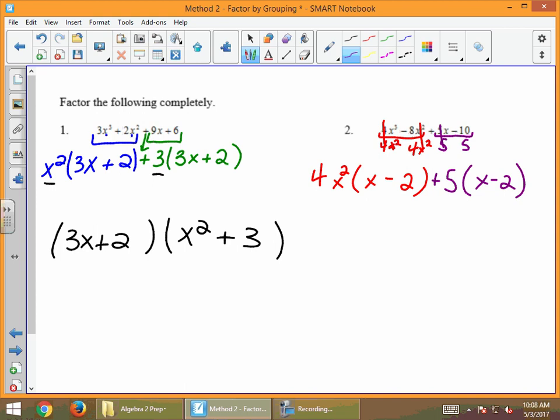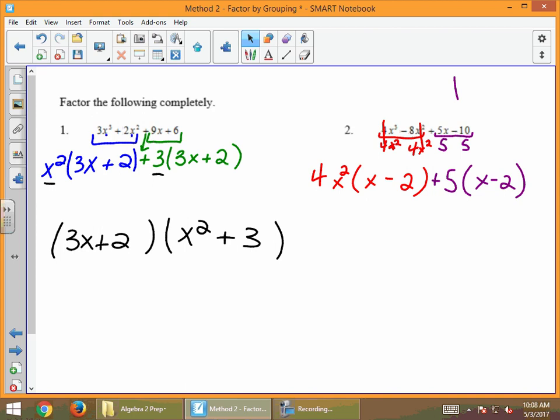Here's another helpful hint for you guys. Some of you say, man, I am not good at numbers. Some of you have a hard time recognizing GCFs. I get it. You say, I can't figure out what the GCF is between 5 and 10. Based on the idea that we know these two parentheses need to be identical, all I have to say is this somehow turns into that because they're the same.